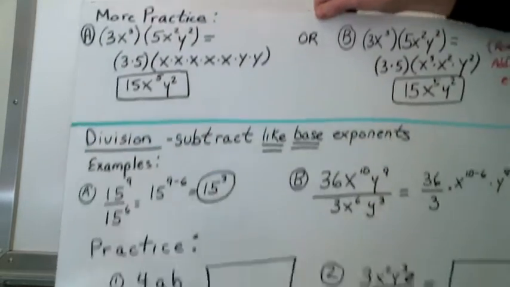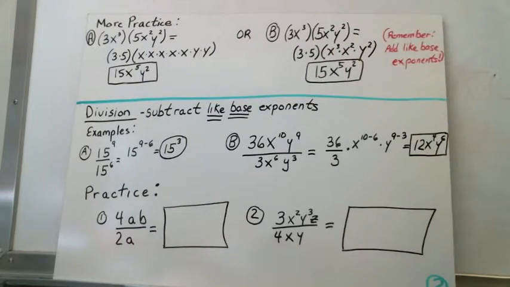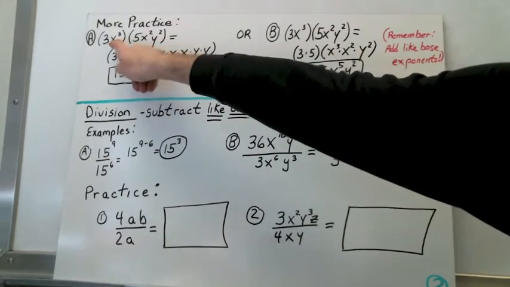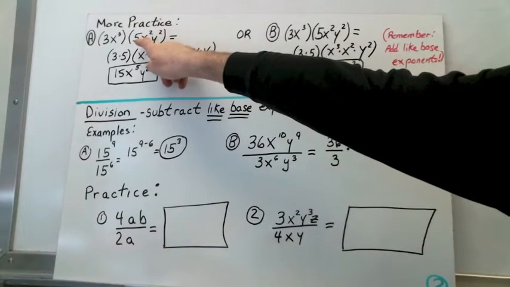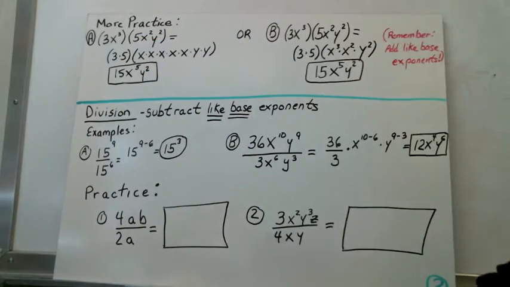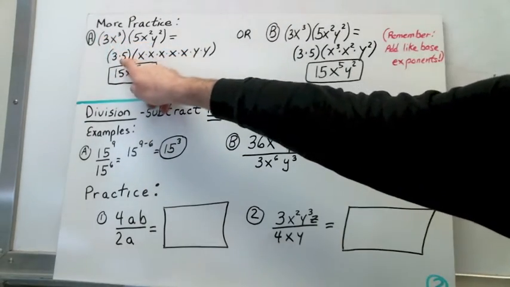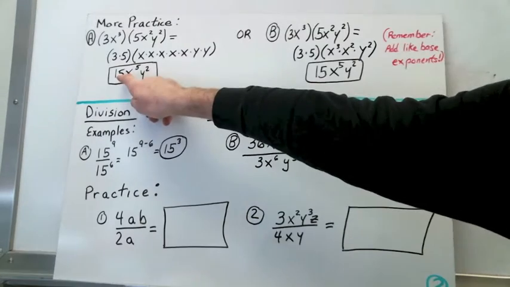Let's take a look at one more problem in multiplication. We're going to take a monomial, 3x to the third power, and multiply it times 5x squared y to the second. Okay? We're going to take our numerical terms, 3 times 5, which we can multiply and get 15.